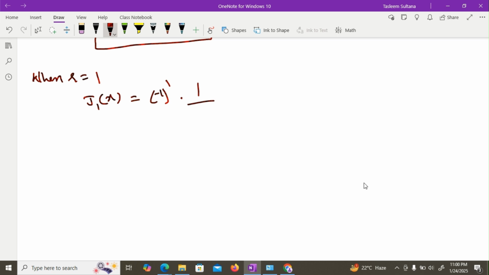So J1 of x is equal to minus 1 to the power of 1, 1 divided by 1 factorial gamma of 1 plus 2, of x by 2 to the power of 2 plus 1.